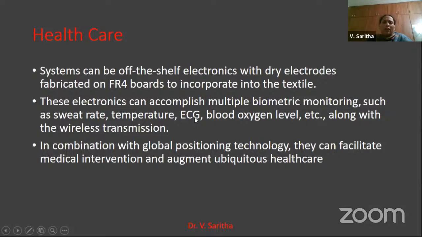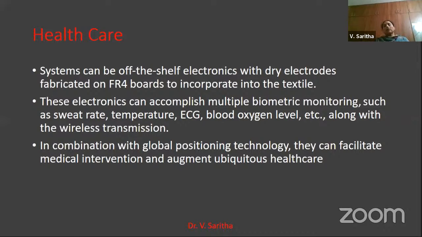So these electronics can accomplish multiple biometric monitoring such as sweat rate, temperature, ECG, blood oxygen level, etc., along with wireless transmission. In combination with global positioning technology, they can facilitate medical intervention and augment ubiquitous healthcare.